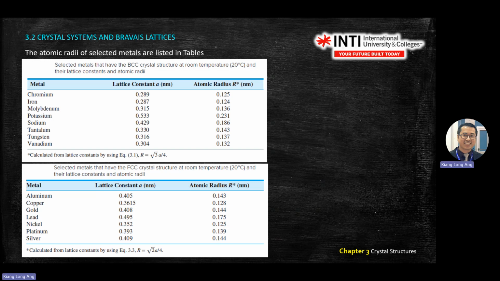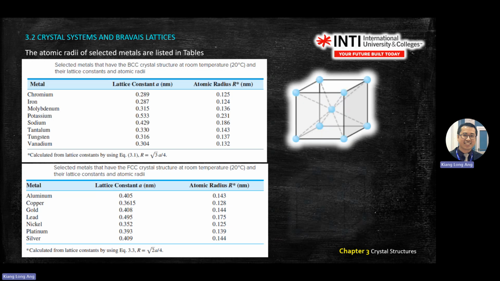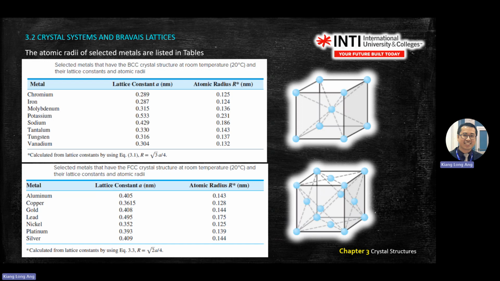Okay, we will prove this equation later. And the rest of aluminum, chromium, everything is there. But what is important for this slide is that there is a table for you to refer to for your calculation later. Okay, that is more important. Okay. So this one is for BCC structure. Of course, in the exam, this one will be removed because we won't show you what the crystal structure is. You need to prove that. For example, chromium is BCC.